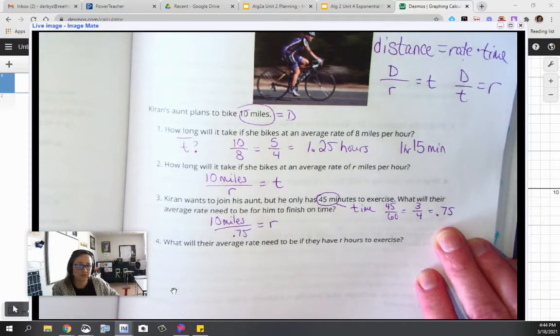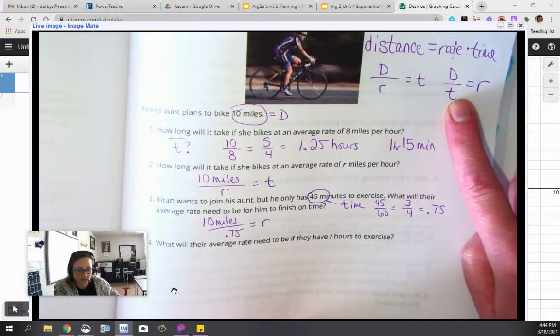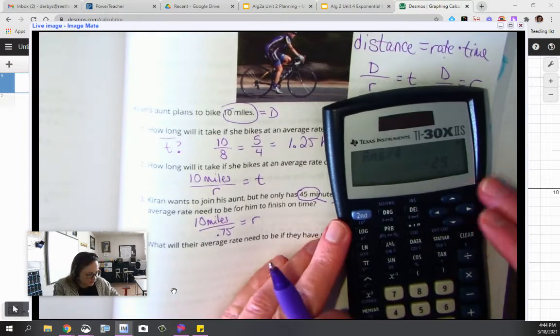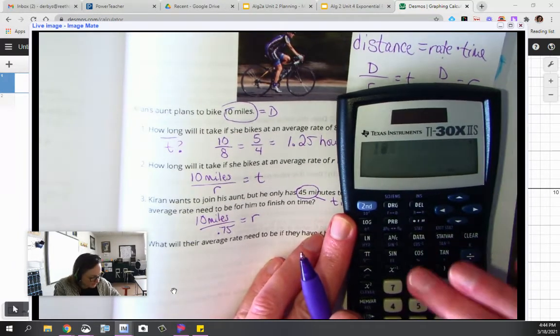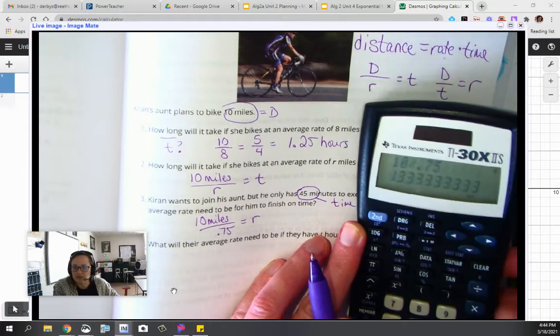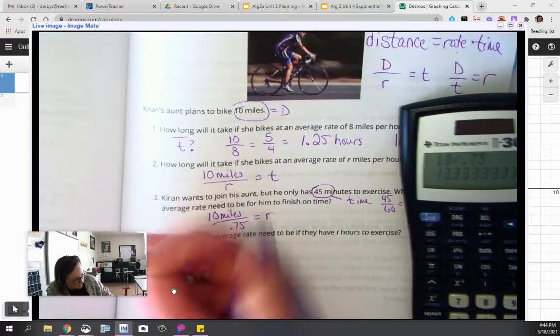This is going to give us the rate. So this time we're looking at isolating the rate. How fast do they need to ride in a set time? I'm going to use a calculator just to check this one out. 10 miles divided by 0.75 gives us 13 1/3 miles per hour.